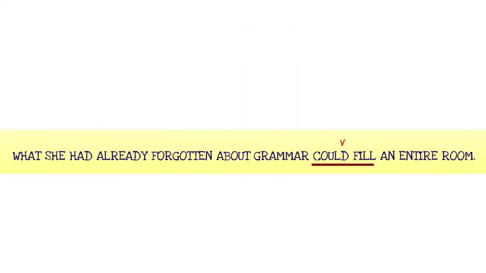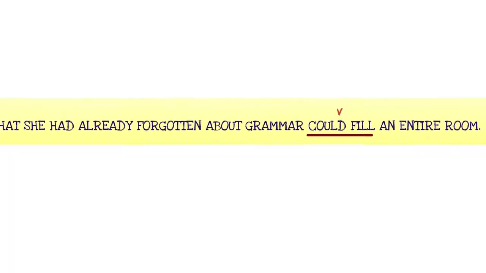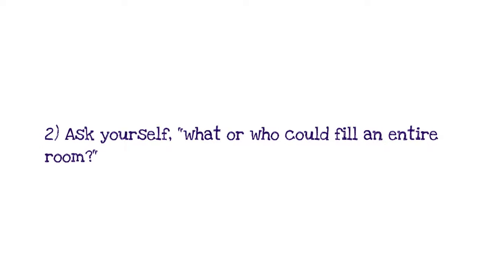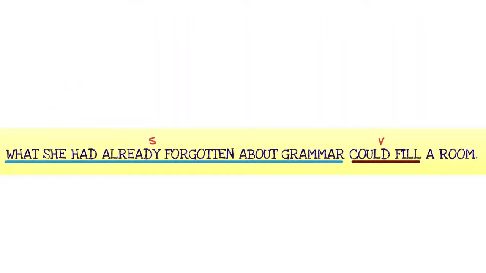In this sentence, the verb is could fill. Now ask yourself, what or who could fill an entire room? The answer is what she had already forgotten about grammar. Therefore, the whole thing is the subject.